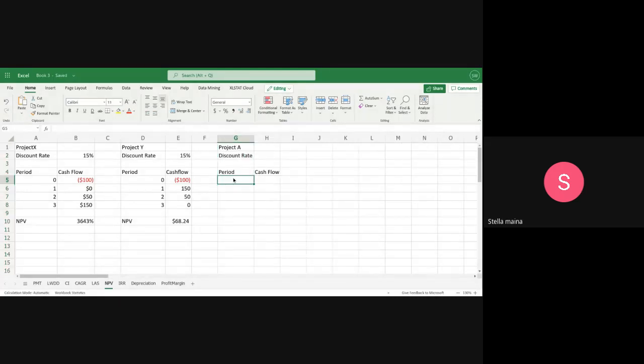Okay, so our first period is going to be 0, 1, 2, 3. And then now we'll have the NPV here. And then now our cash flow. So our cash flow is still going to be $100, our initial investment.